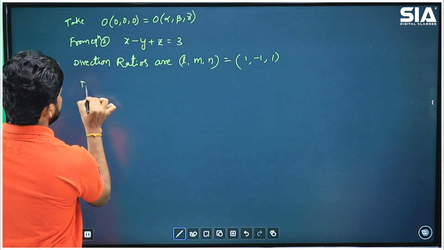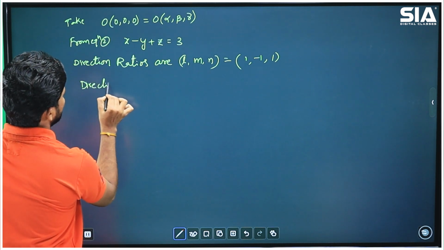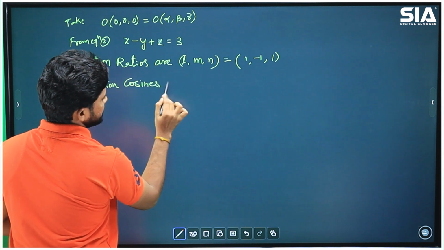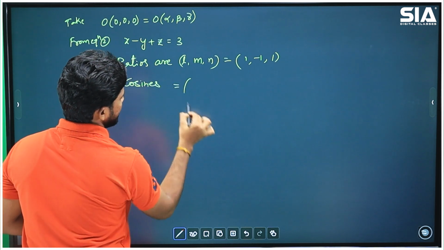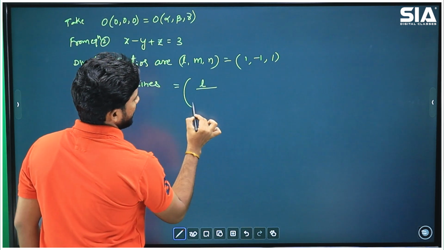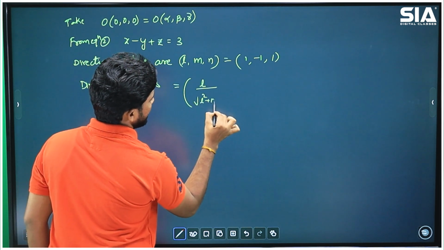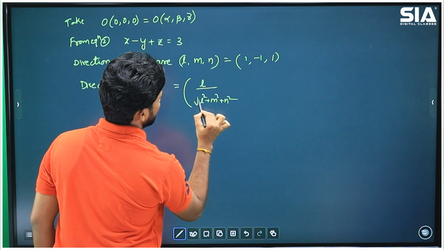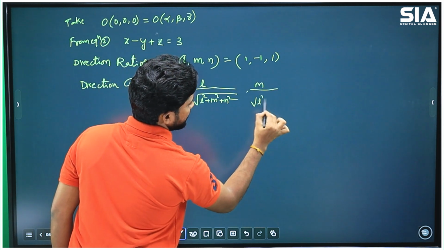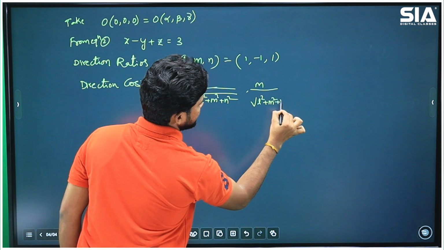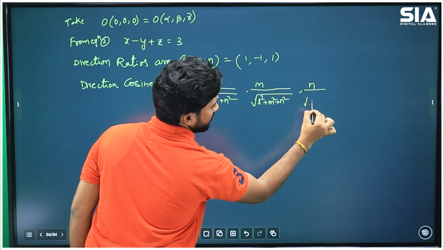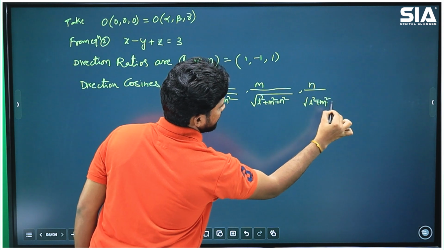And similarly, immediately you have to find the direction cosines also. How can we find direction cosines? What is the general formula? Small l by under root of l square plus m square plus n square, comma small m by under root of l square plus m square plus n square, comma small n by under root of l square plus m square plus n square.